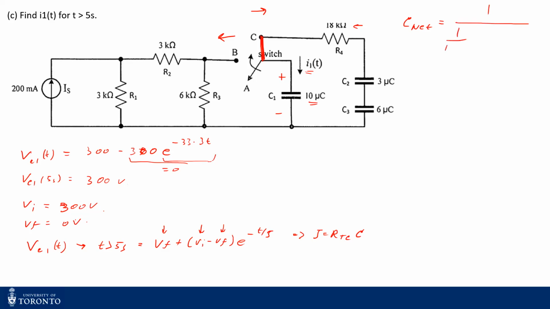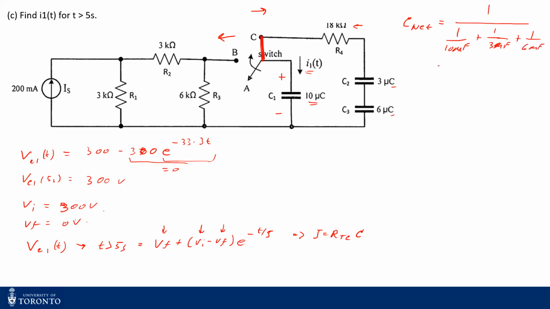So this is 1 by 10 microfarad, right? So this has to be in farads. I don't know why it's given in microcoulombs. Plus 1 by 3 microfarads, plus 1 by 6 microfarads.